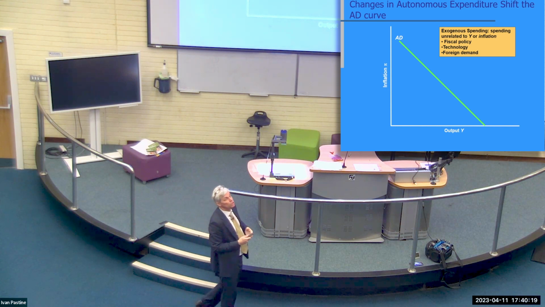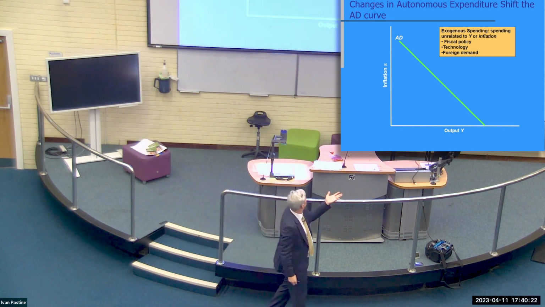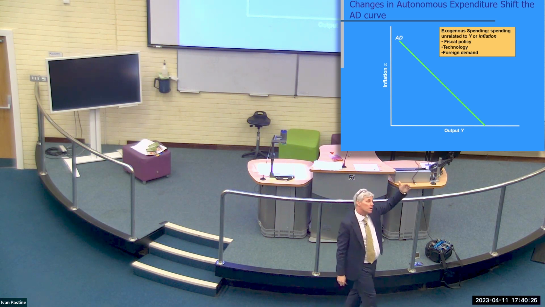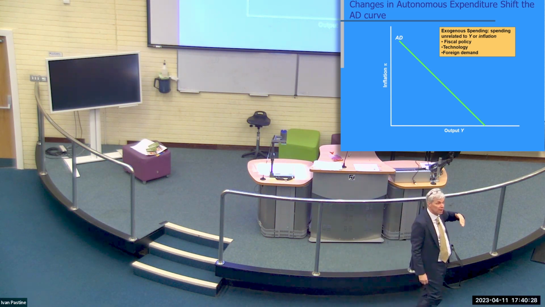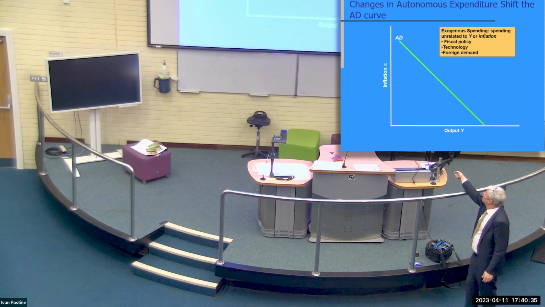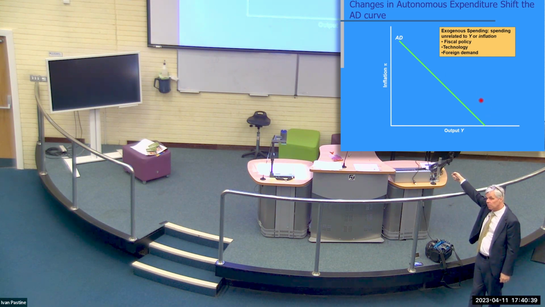That is, people become optimistic about the future, so autonomous consumption goes up. Or people become pessimistic, and autonomous consumption goes down. Or fiscal policy, government spending goes up. What happens? Well, this curve is just C plus I plus G plus net exports.